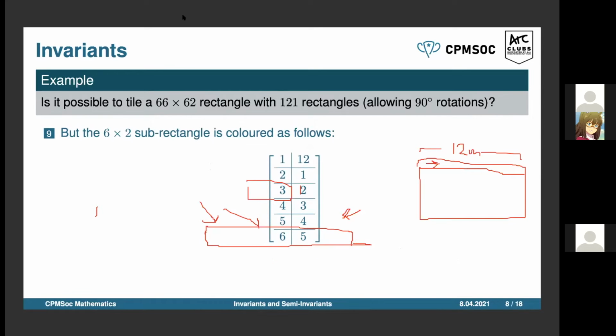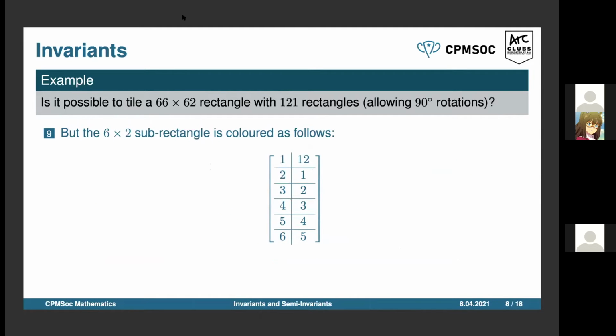Now if you look at the 6 by 12 subrectangle, that's the final subrectangle, it will be colored like this. If you go through the coloring, you'll eventually see that this bottom right 6 by 2 rectangle will have 1, 2, 3, 4, 5, 6, and then 12, 1, 2, 3, 4, 5.